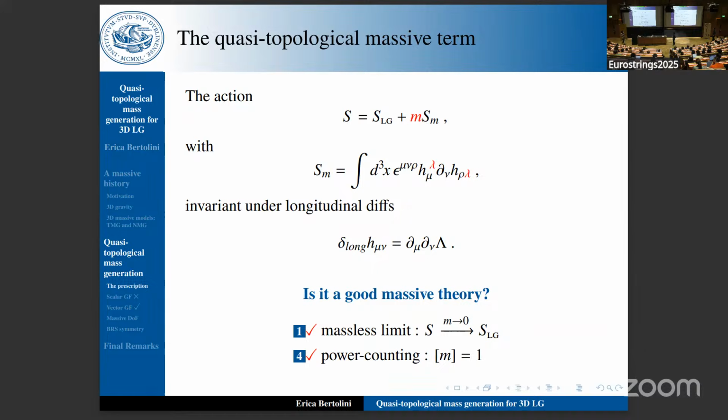This action term can also be studied on its own, like a Chern-Simons-like term, and on its own can be associated to some covariant fracton theories.